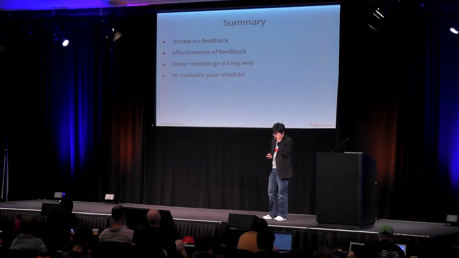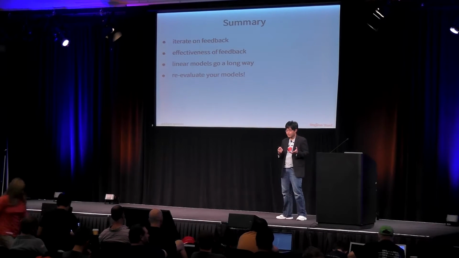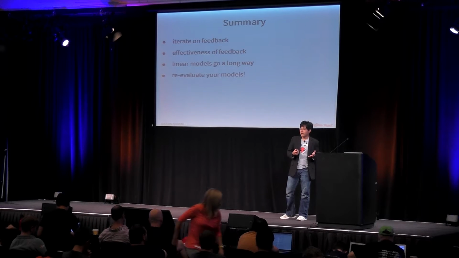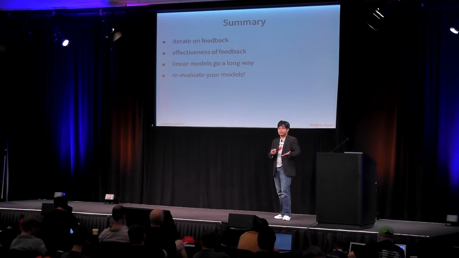So with that, I'd like to end: control theory is a model to iterate on your feedback loops, and having a model for your feedback loops helps you identify how effective your feedback loop is, with the categories I showed earlier.